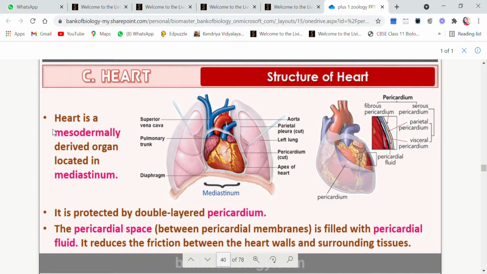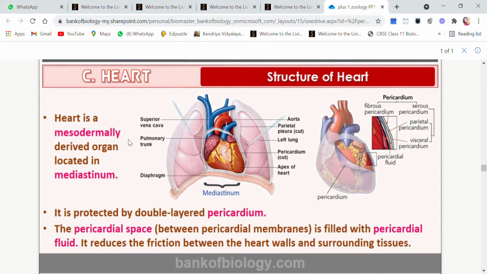Now what do you mean by mesodermal? Children, if you remember in class 9 we studied two terms, diploblastic and triploblastic. So diploblastic organisms were those which developed from two germ layers, and triploblastic were those who developed from three germ layers.